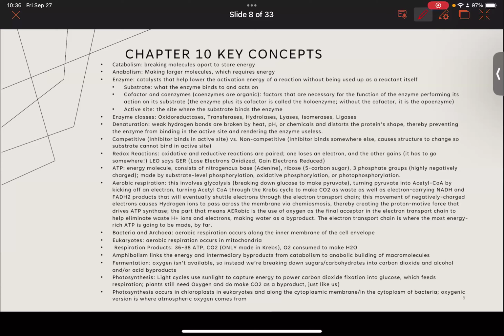Oh, yeah. So the active site is where that substrate binds, wherever that enzyme interacts with your substrate. Okay. So our different enzyme classes that we talked about were oxidoreductases, transferases, hydrolases, lyases, isomerases, and ligases.